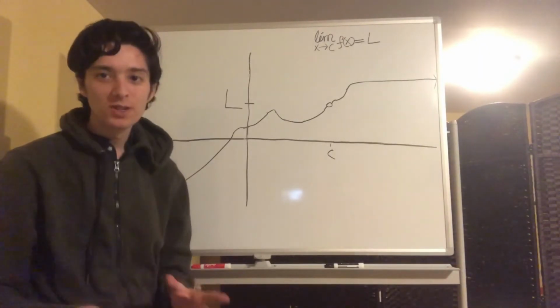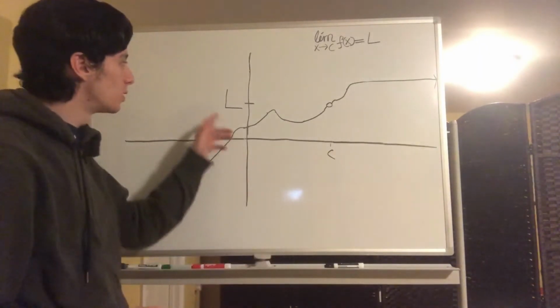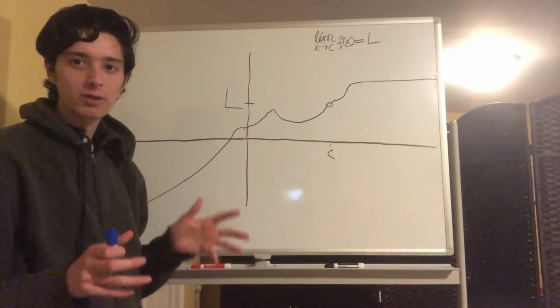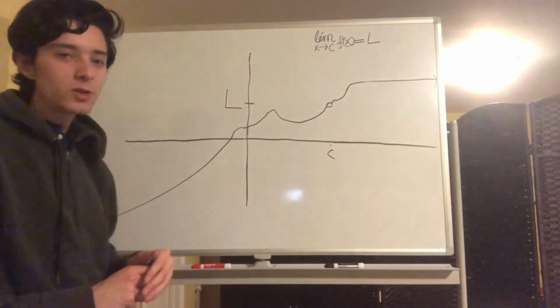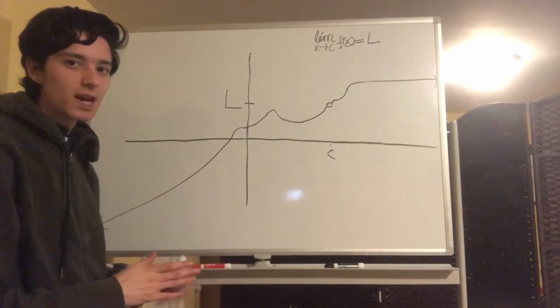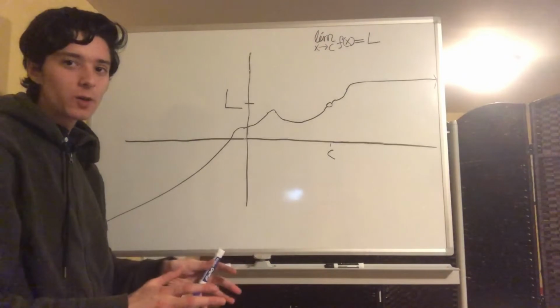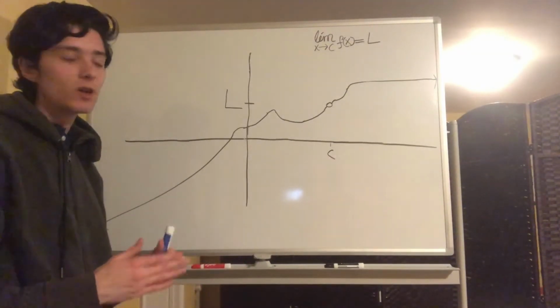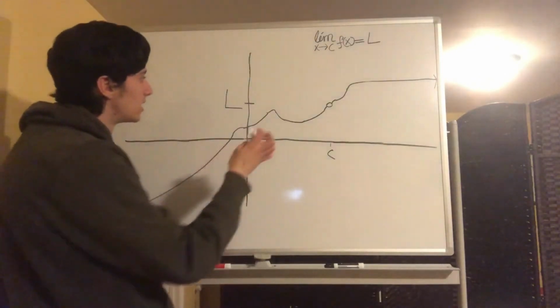So the first thing we want to do is we want to look at this L and think about values of f of x that are close to L. So let's say we want to look at values of f of x that are within a certain distance of L. So values of f of x are allowed to be within a certain height.